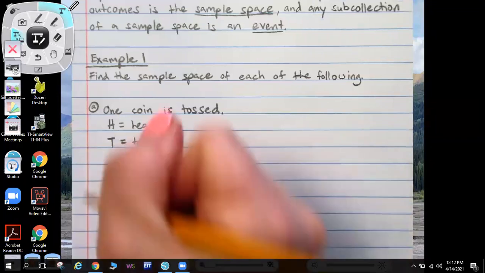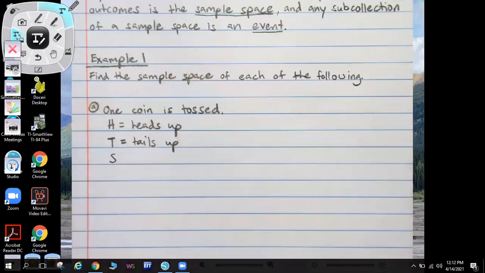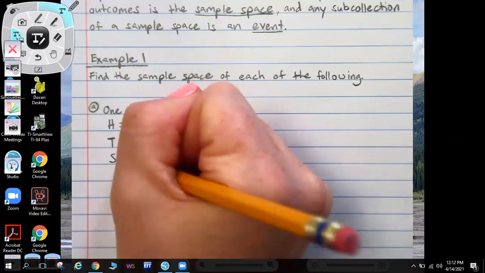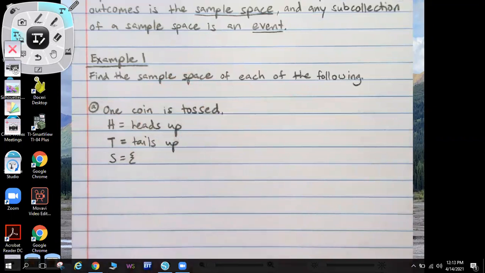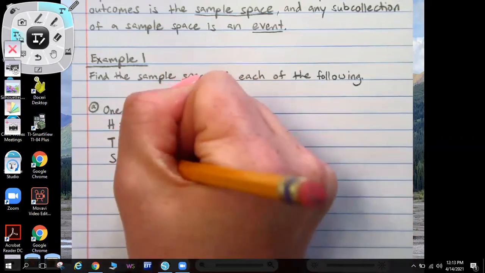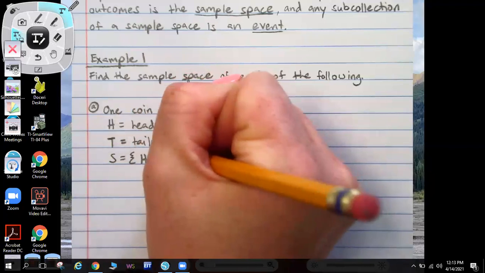So then our sample space, which we use a capital S, is just going to be a list of all the possible outcomes. We only have 2 here.